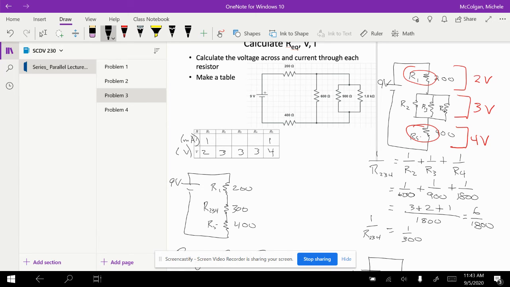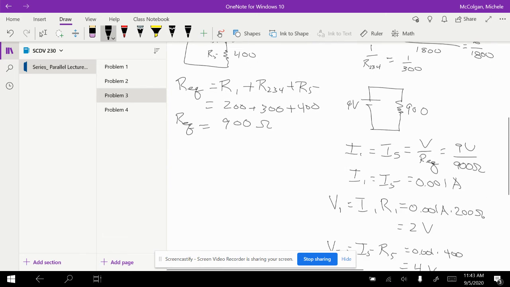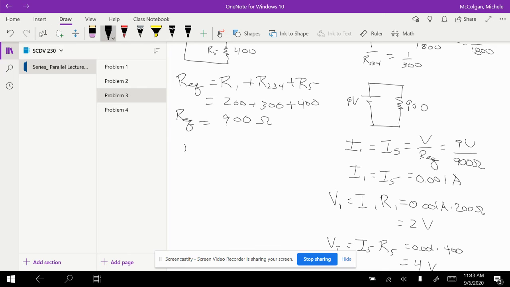Now the current is going to be a little bit different. So the current is going to depend on our resistance values. So let's calculate the current: I2 is going to equal V2 over R2. And so that's going to be 3 volts over 600 ohms.